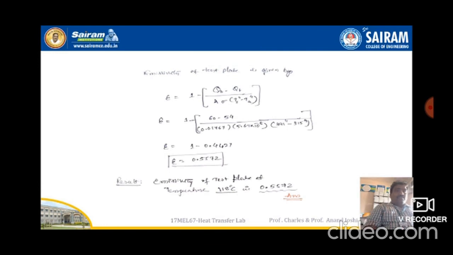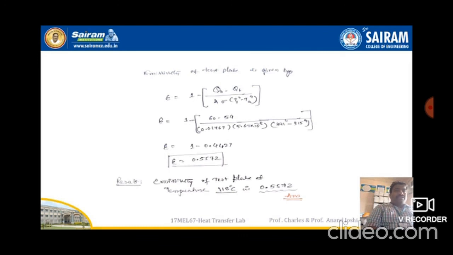So emissivity is 1 minus (60 minus 54) divided by 0.01767 into the Stefan-Boltzmann constant, that is 5.67 into 10 to the power of minus 8, into (391 to the power of 4 minus 315 to the power of 4). So it gives around 0.4427.